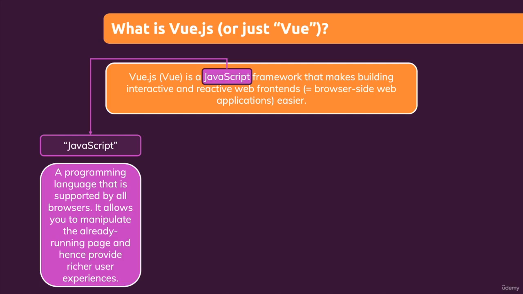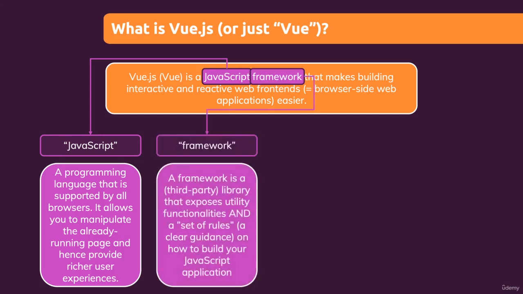Indeed, Vue.js is a JavaScript framework. Now, what does framework mean? Framework, not just in JavaScript, but in any programming language, is basically a third-party library, which means it's code not written by you, but by someone else, which exposes certain utility functionalities, certain methods, certain tools, which you don't have to write on your own. And that's important.